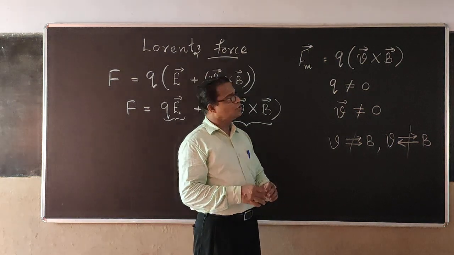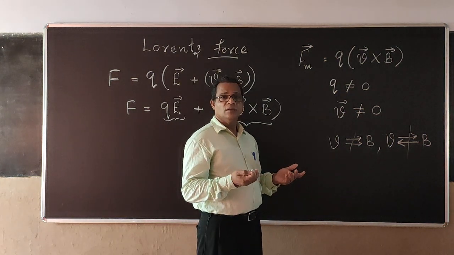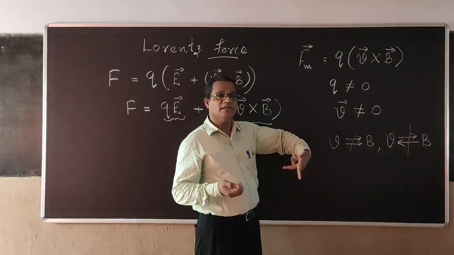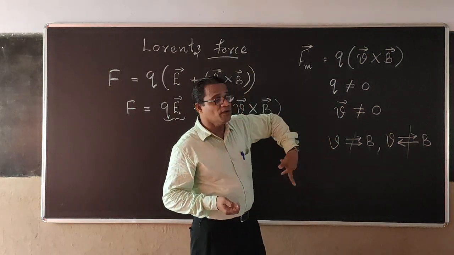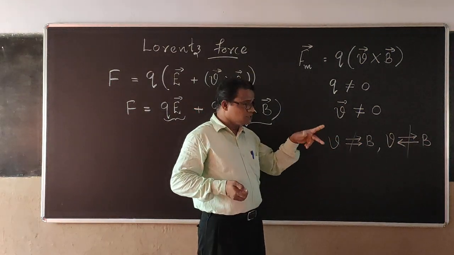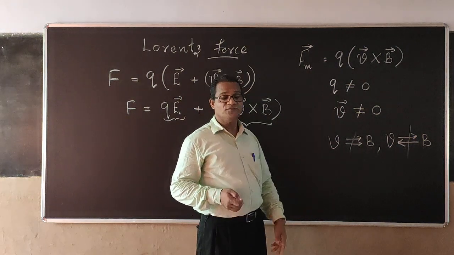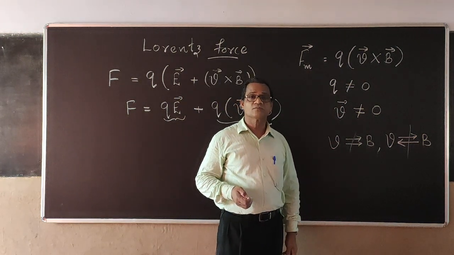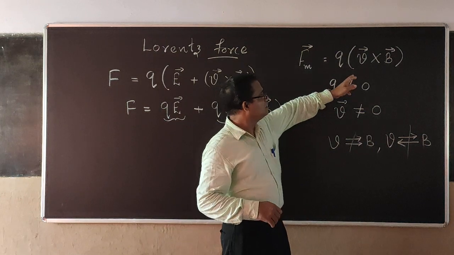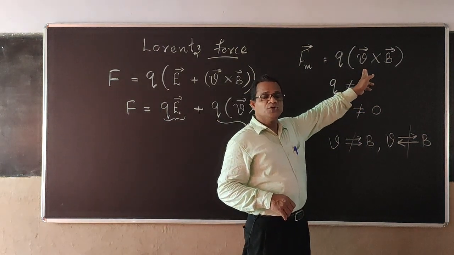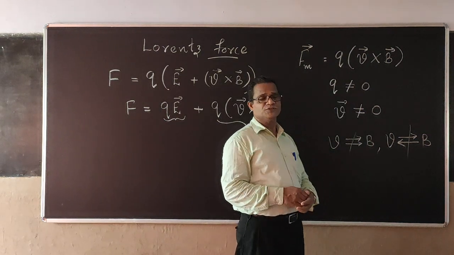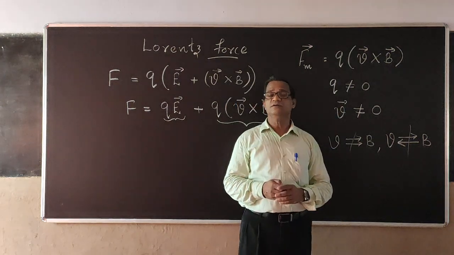But this method is not always possible to find the direction of the force, because you won't be able to hold your fingers according to the direction of the field and all. Therefore, you can depend on the unit vectors multiplication to find the direction of the force.